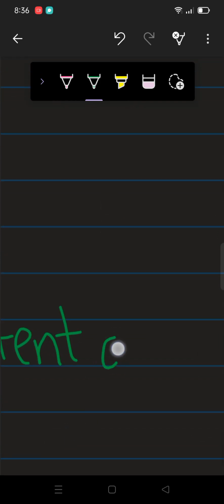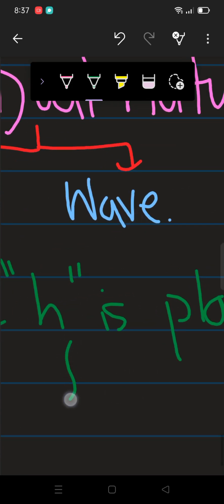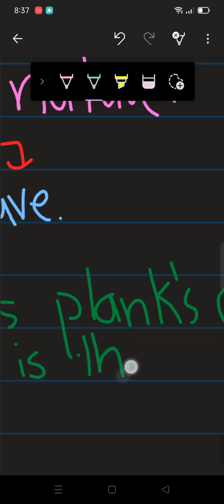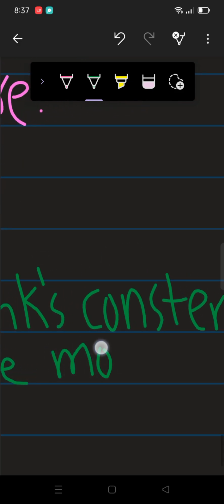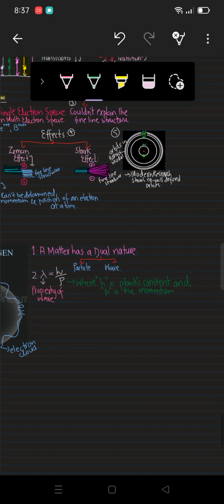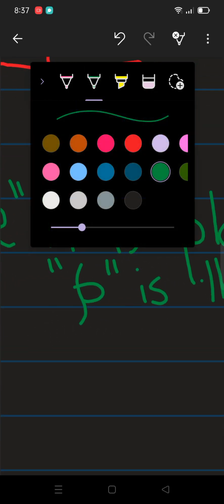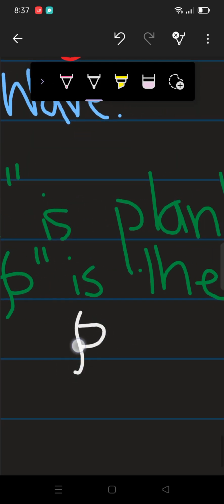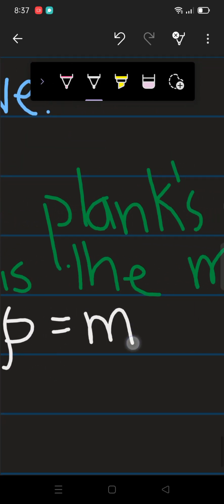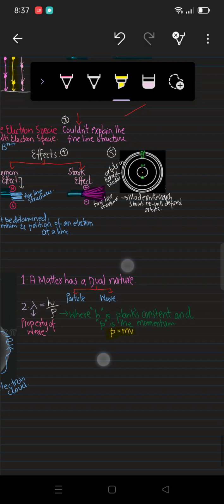It is a constant, and p is the momentum, which is equal to the product of mass and velocity, that we know too, right? It is basically the product of mass and velocity.